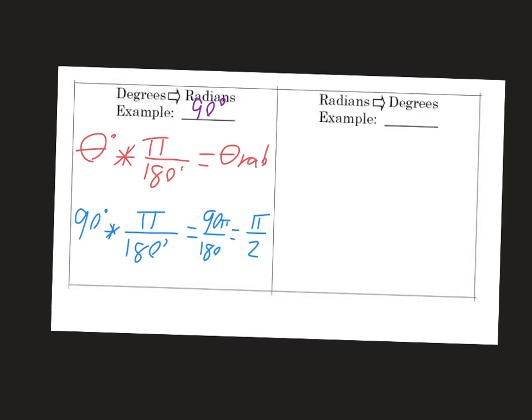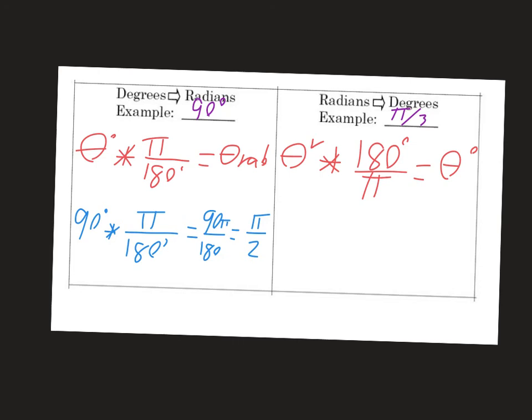We'll do the inverse when we want to go from radians to degrees. Say, for instance, we had pi over 3 radians that we want to convert into degrees. Well, I'll take my theta measurement in radians. I'll multiply that by my 180 degrees over pi, and that'll give me my degree measurement.